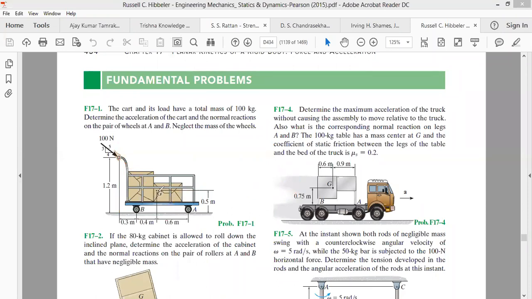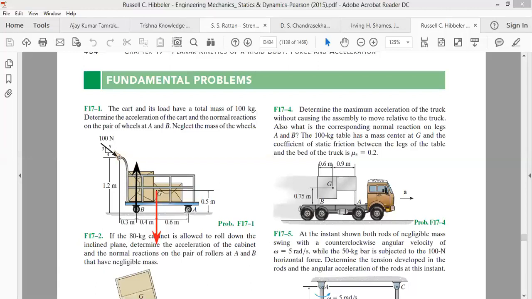As far as the cart is concerned, apart from this force of 100 Newton, there is also the gravitational weight of the cart, acting in the downward direction. This gravitational weight will tend to move the cart downward, but the cart's wheels are in contact with the surface, as a result of which at the point of contact between the wheel and the surface, a normal reaction is generated in the upward direction.